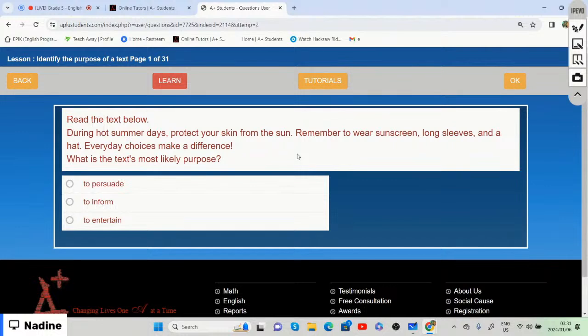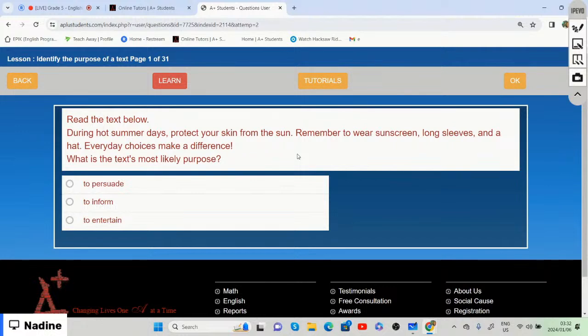All right, so if we choose the correct purpose, or what most likely the purpose is of the text, I'm going to read it again. It says, during hot summer days, protect your skin from the sun. Remember to wear your sunscreen, long sleeves, and a hat.